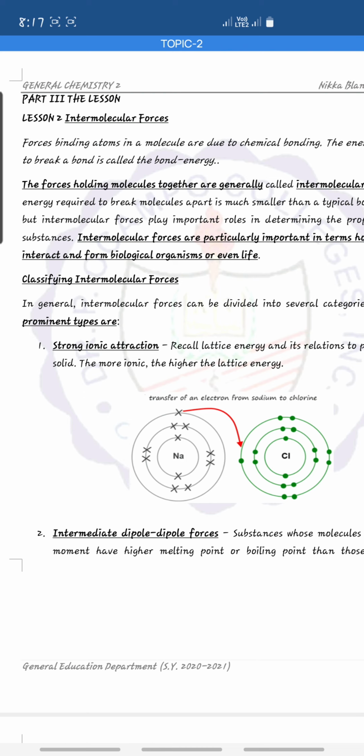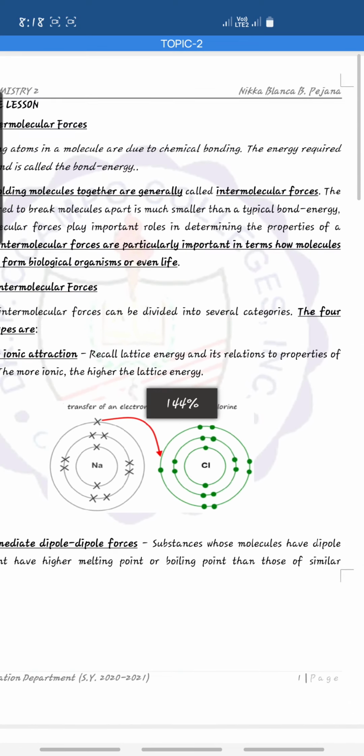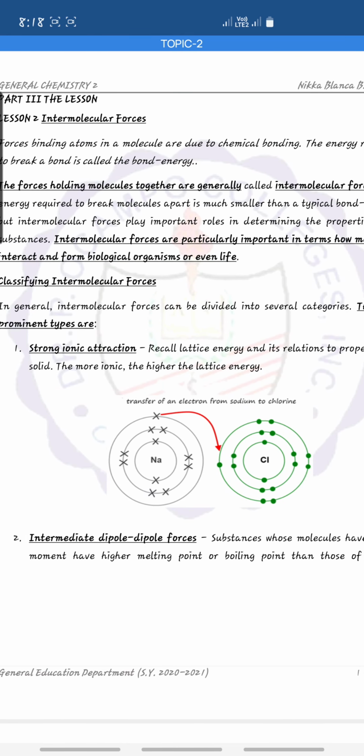In that process, the forces of each molecule bind by means of their atoms, and it explains further the forces holding molecules together. So if the forces of molecules bind together, it is called intermolecular forces.